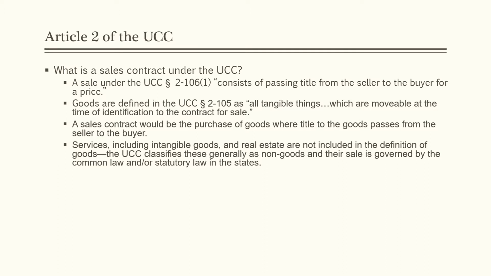Remember that for goods to be tangible, they must physically exist. Corporate stocks or bonds are intangible goods, and therefore they're not goods under the UCC. Just remember that if the word intangible appears, it basically equals service. Neither is real estate, since it is not movable, though items removed from the real estate such as crops, oil, minerals, and soil are goods.